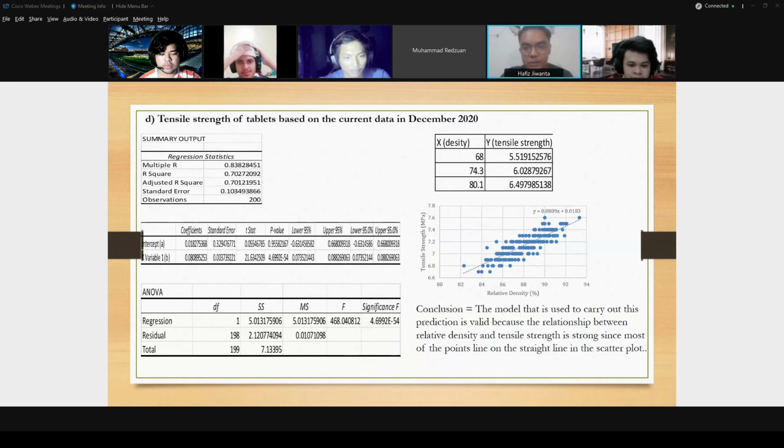So the conclusion is that the model used to carry out this prediction is valid, because the relationship between relative density and tensile strength is strong, since most of the points lie on the line in the scatter plot. So that's it for my explanation. I will give back to Ifat.